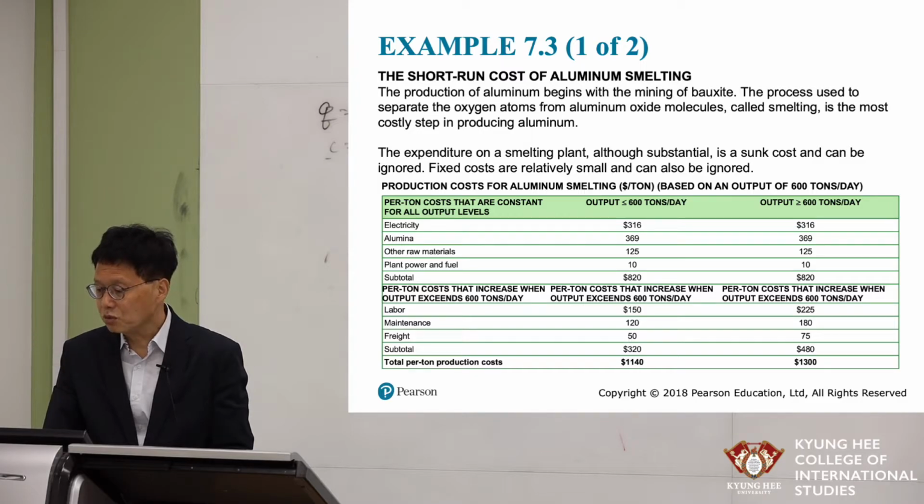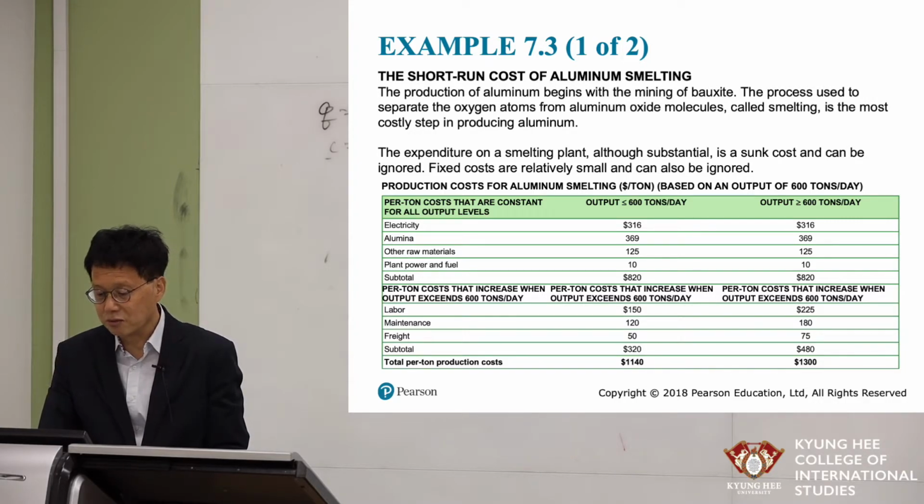But when you produce more than 600, the variable cost of these components is the same, $820, right? But this one, labor and maintenance, increases when you produce more than 600.